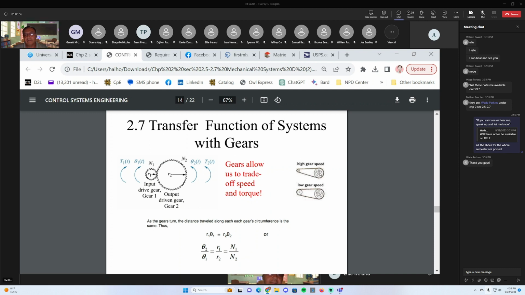The torque that you produce on the tire, which sits back here, in this case is going to be higher than this here.